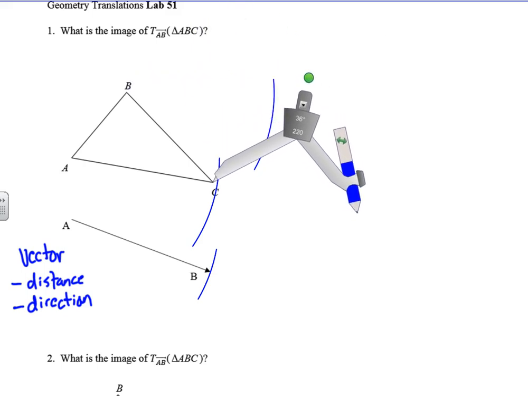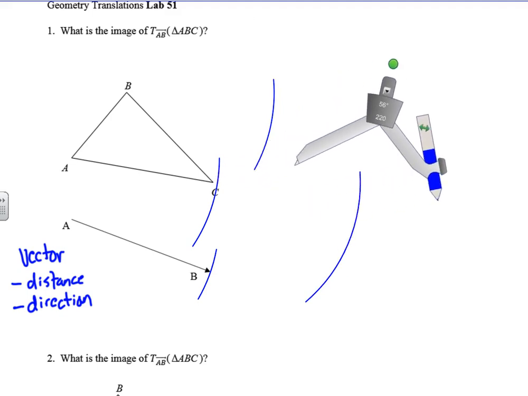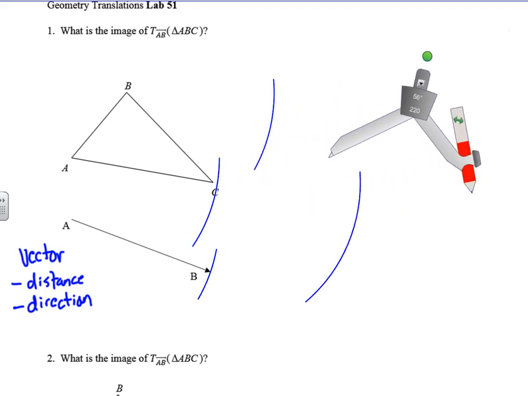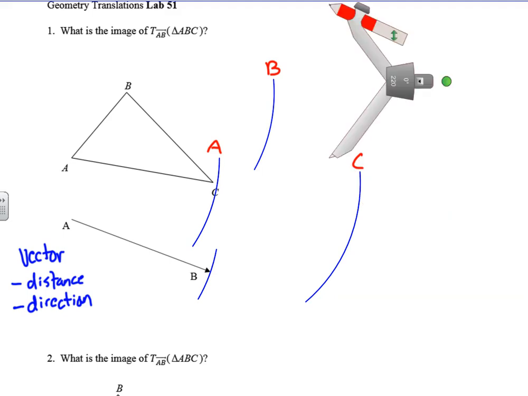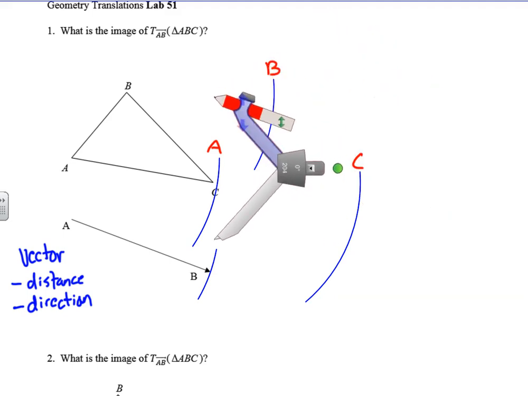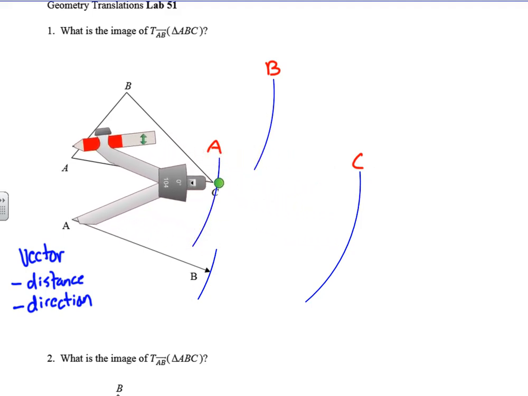Okay. And I'm going to come over to point C. I'm going to swing an arc at that same distance. And what I'm going to do is label this one. I'm going to call this arc A, this arc B, and this arc C. Okay, what we've done so far is we have accounted for the distance. Okay, so I know that all of those arcs are going to be the same distance as vector AB.